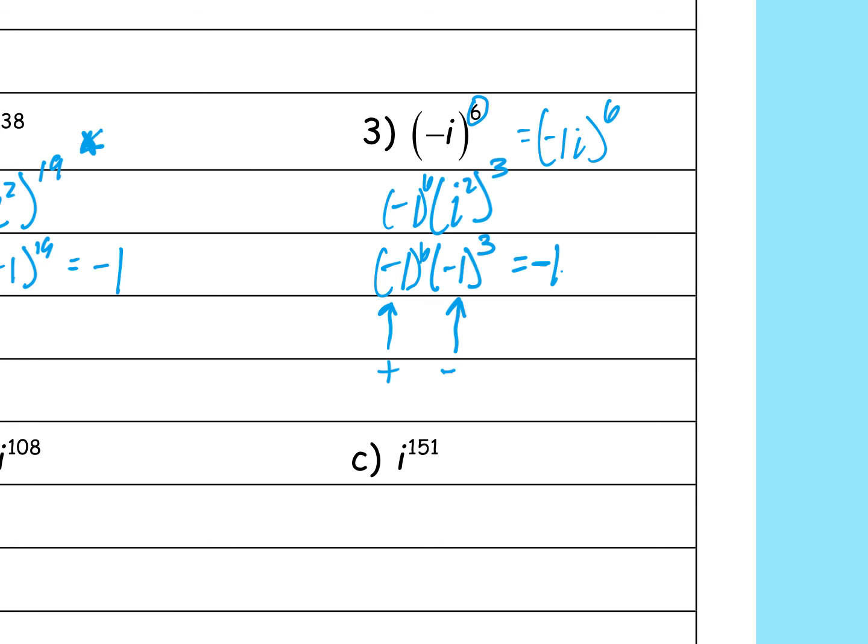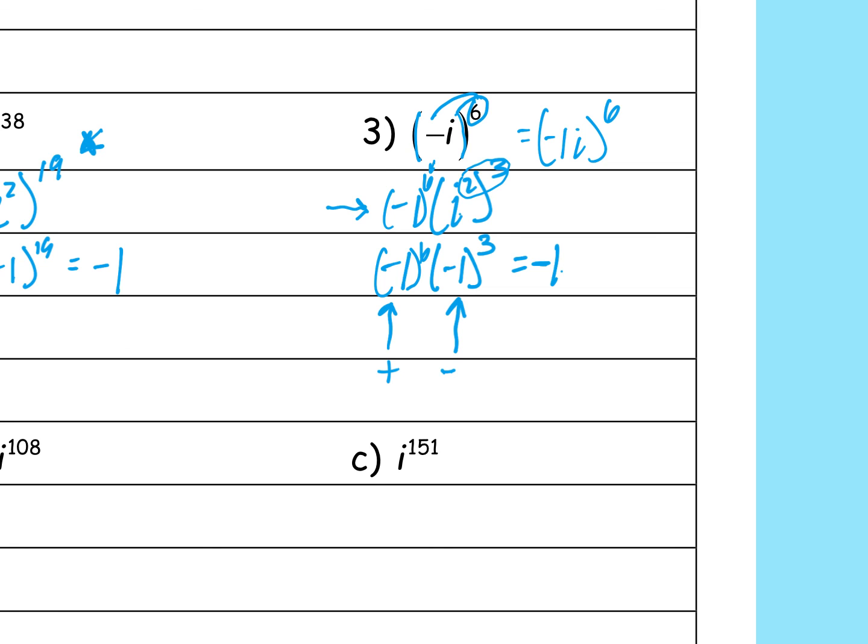So you know how it's parentheses 6? This exponent goes to everything inside, the negative and the i. When you break it down, the i squared is still 3 because this still has to be 6.